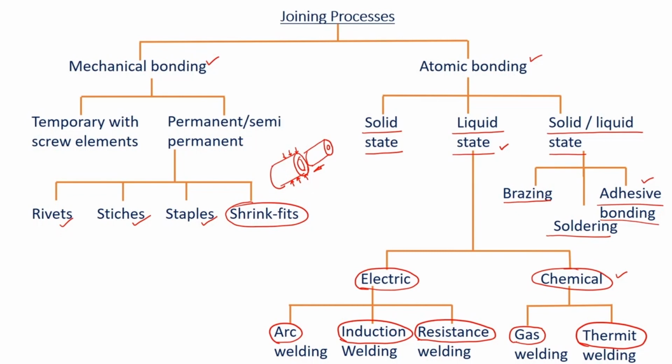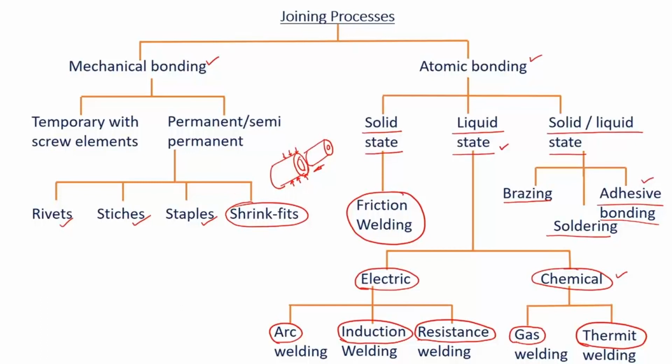The strength of adhesive bonding is not as high as that of the liquid state atomic bonding. In solid state atomic bonding process, we can join two different solid parts by using the friction process. So, we can apply the frictional force in between the two parts, and then we can join them together.